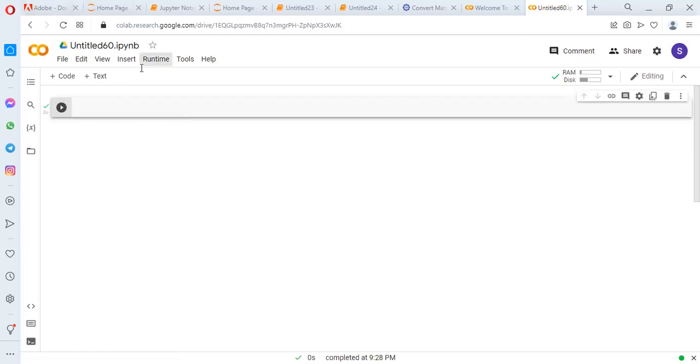Now I'm writing a code: import numpy as np.